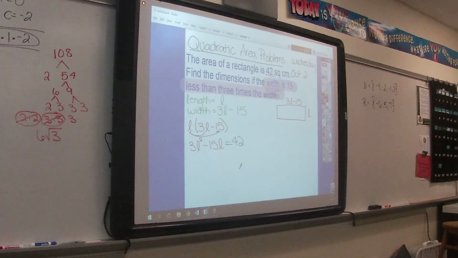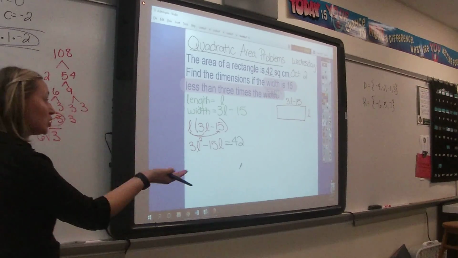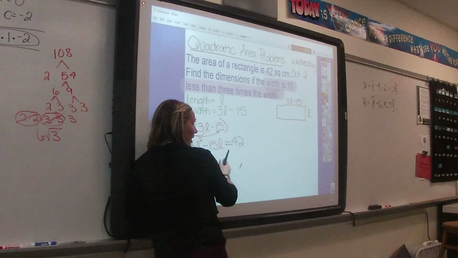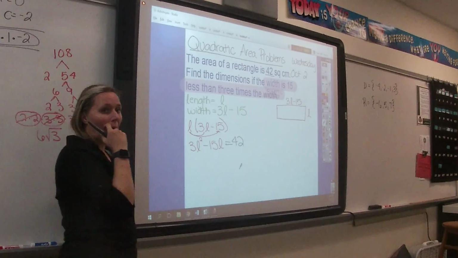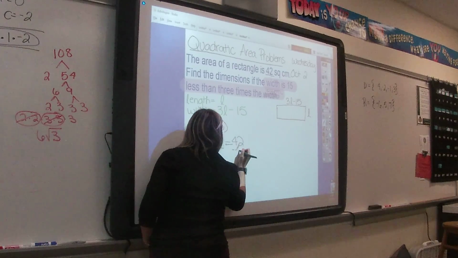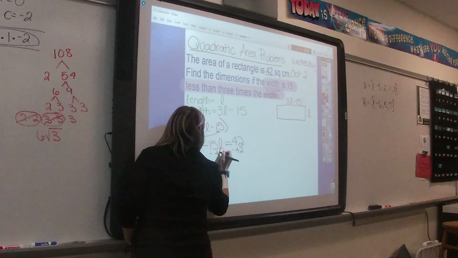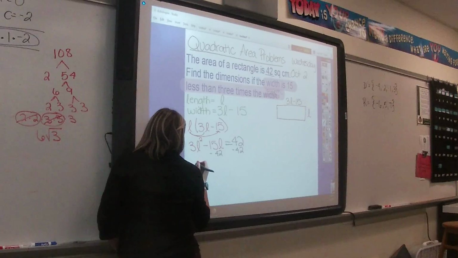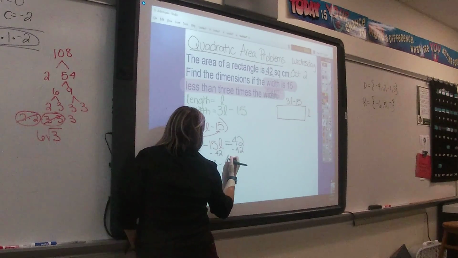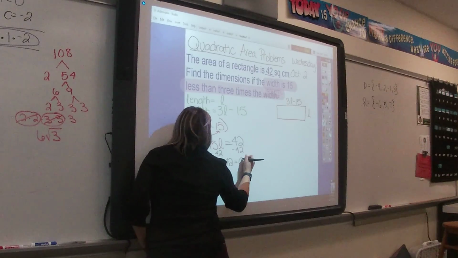We're trying to find the dimensions, which means we need to find a length and a width, so we need to solve this for L. How do we solve this for L? Minus 42, which gives 0 on the other side. So 3L squared minus 15L minus 42 equals 0.